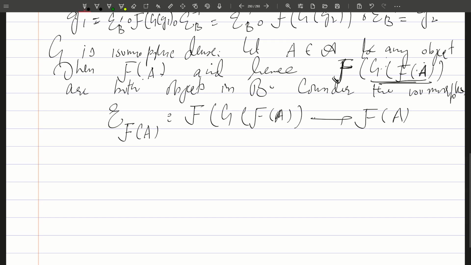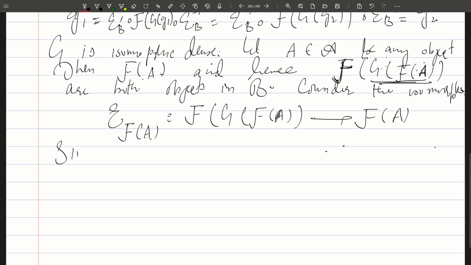Now we proved in the last lecture that if f is a functor from category A to category B, and if this f is full and faithful, then for each morphism, say g in category B, there is a morphism in category A such that f of that morphism is g. So we are going to use that result here. So this is a morphism in category B.